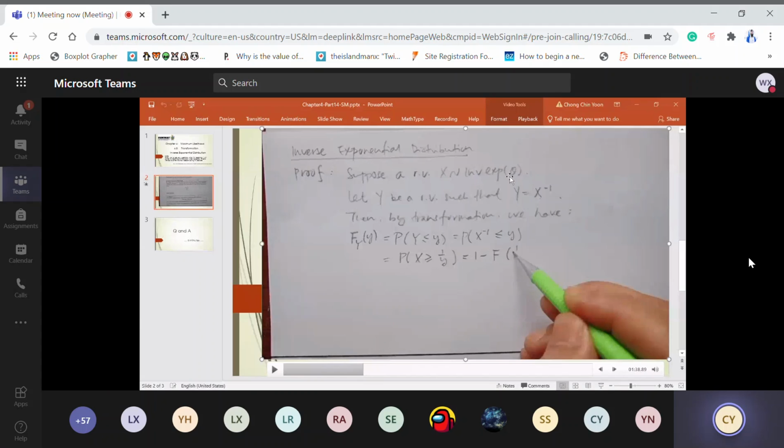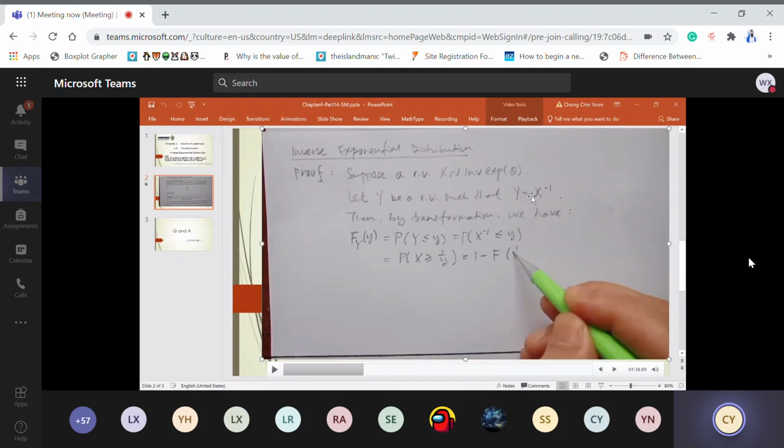So I use transformation. I start with this equation, y equals 1 over x. You don't worry about this. Unless you're very strong in risk theory or survival model, roughly you will know what equation you want to take. Otherwise you just memorize, or refer to the books or notes.